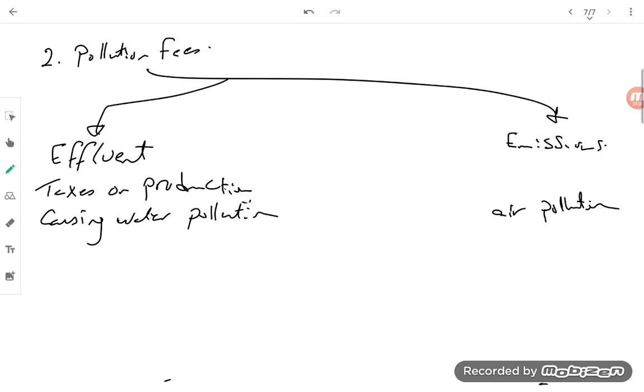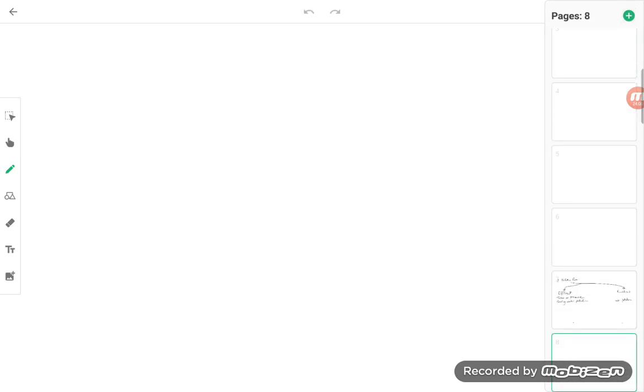Number 3, marketable pollution permits. It allows the owners of the permits to produce a given amount of pollution.